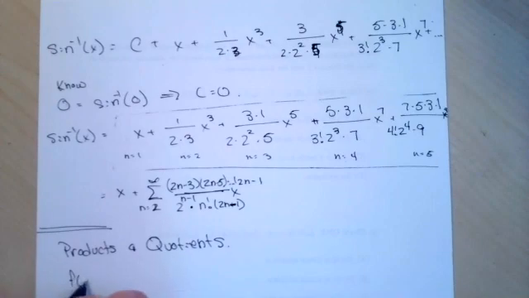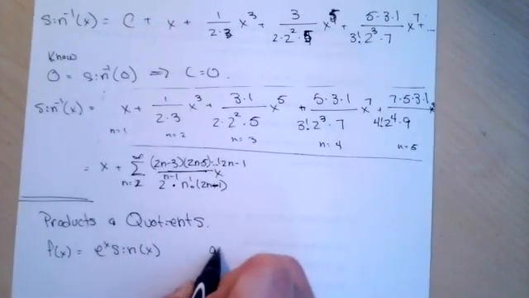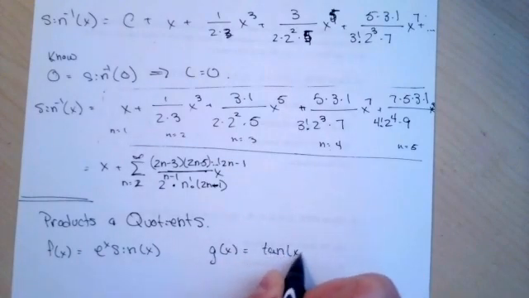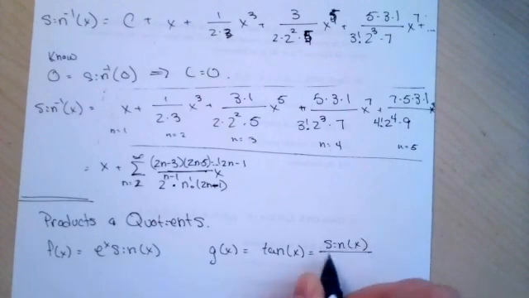So trying to come up with functions now like Taylor series for e to the x sine of x, or even if we wanted to come up with a Taylor series for tangent of x, we now need to divide Taylor series.